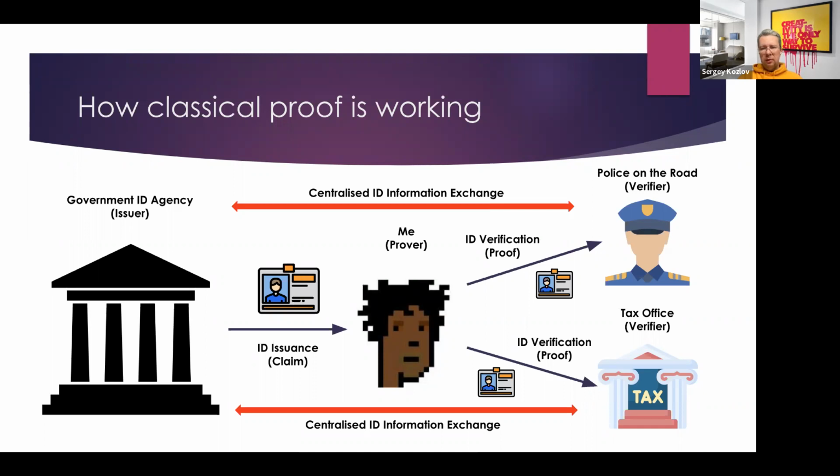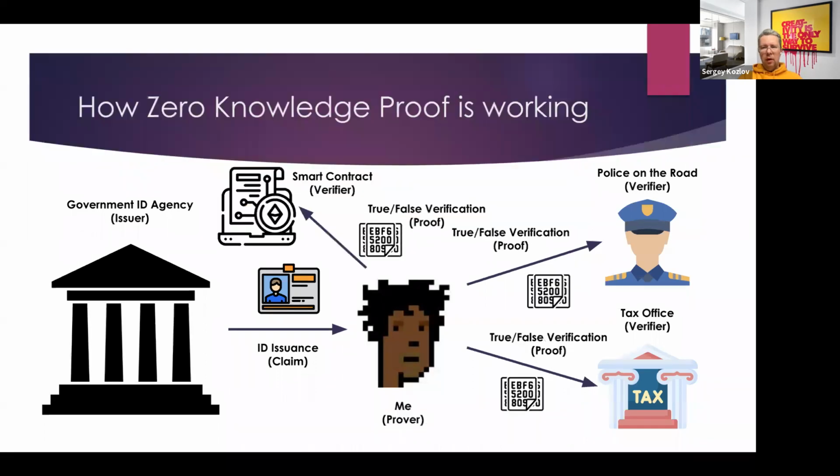What happens with the zero knowledge proof? In the same way, there is an issuer. It's the government ID agency, which issued to me the so-called claim, which is the driver license. If the policeman stops me and only asks if I have a driver license or not, I may issue a proof.